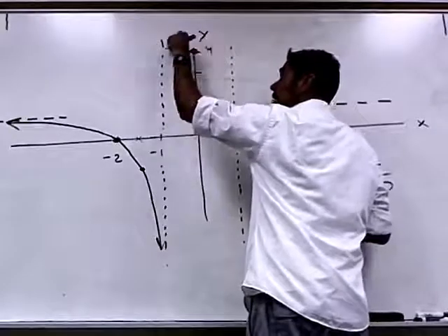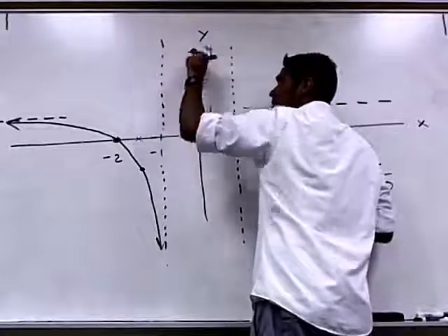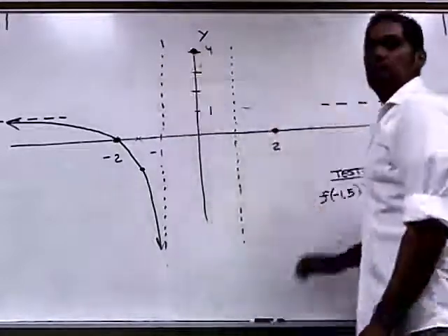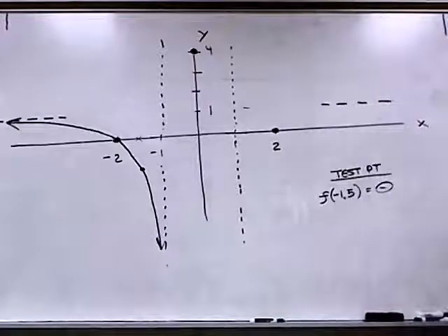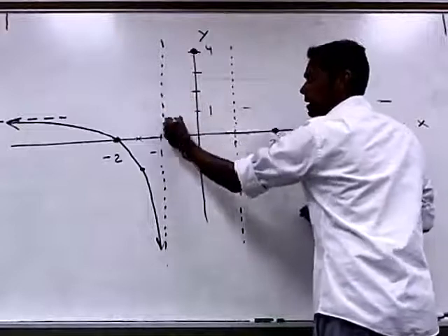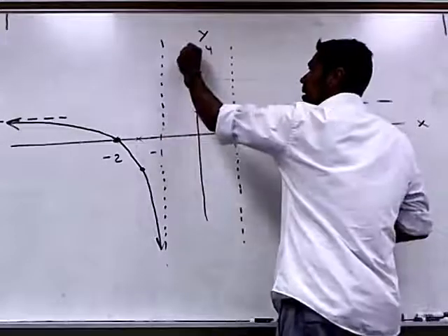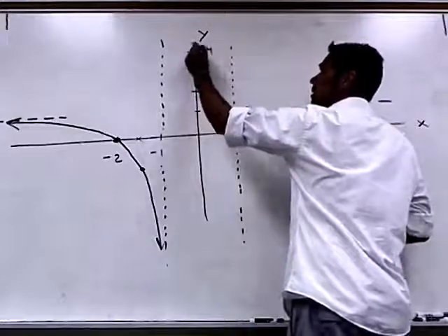If I try and draw it to the left, it's going to run into the vertical. The vertical has to force me down, or it has to force me up. Which way does it have to go here? Up. Why not down? If I go down here, I'm going to eventually cross the x-axis, right? What about this side? It's got to go up.